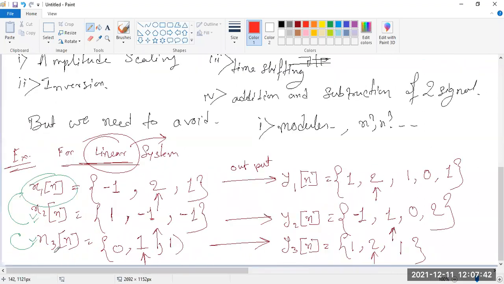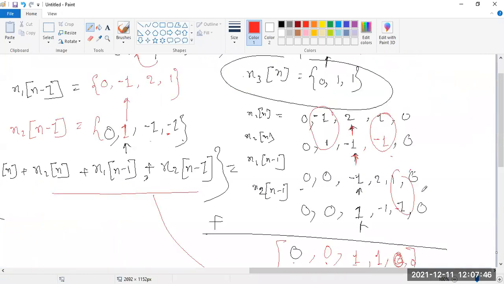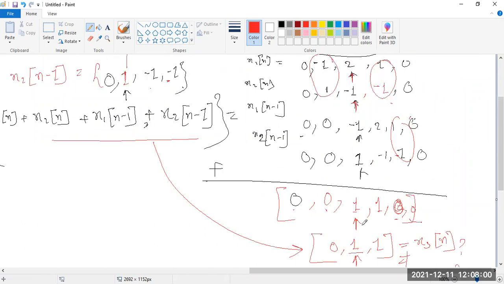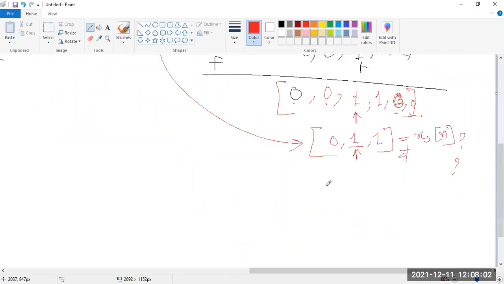Look, xn is 0, 1 and 1, and here we get 0, 1 and 1, and the 1 here is the initial position, the arrow is there. So is that the same or not? Yes, sir, same. Okay, thank you. So it is the same.